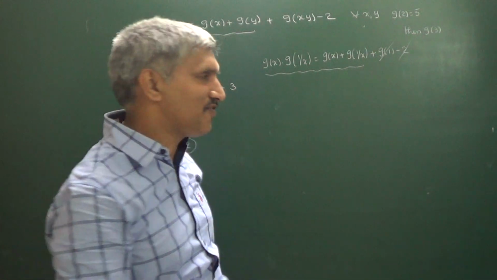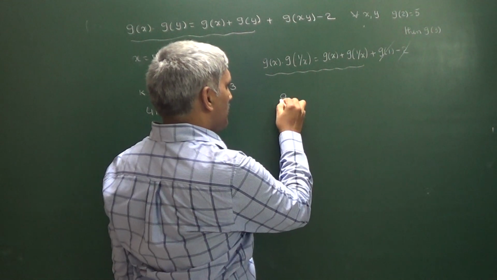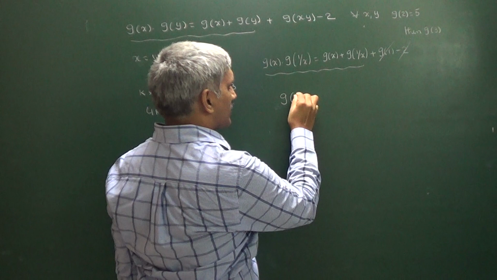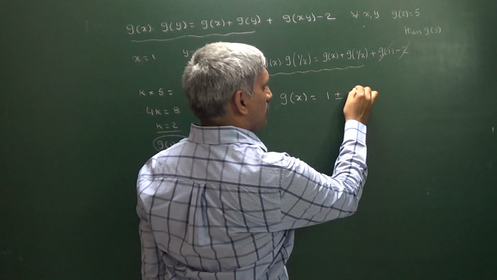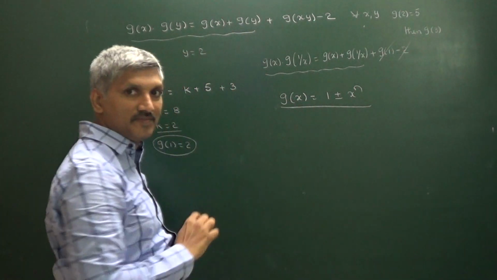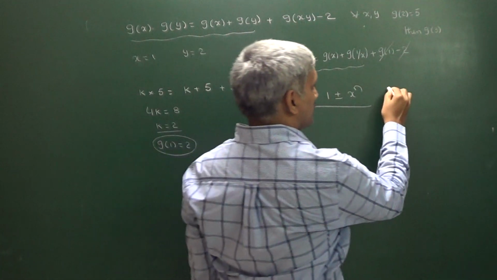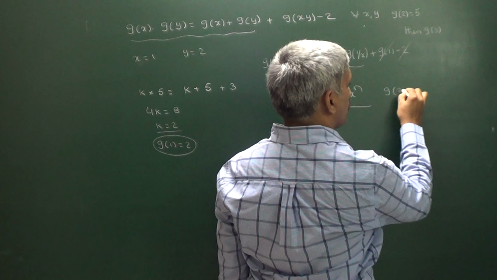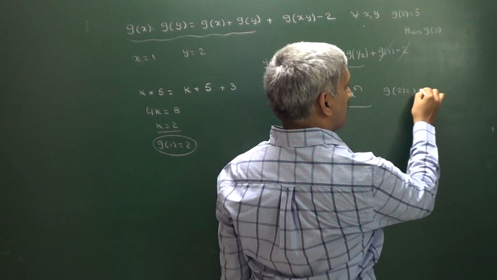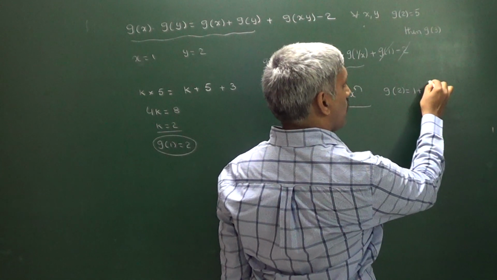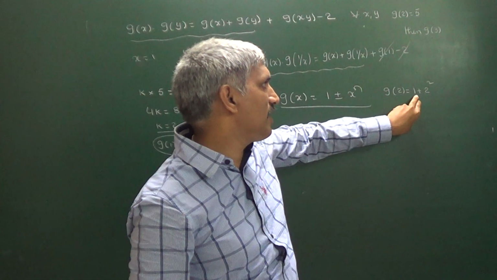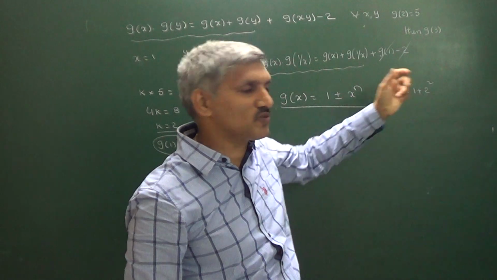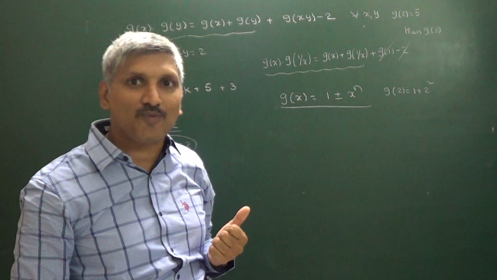So what function can we take? Immediately we can take g of x is equal to 1 plus or minus x to the power of n. But the information given in the question is g of 2 is equal to 5, which is nothing but 1 plus 2 square, because g of x is a polynomial.